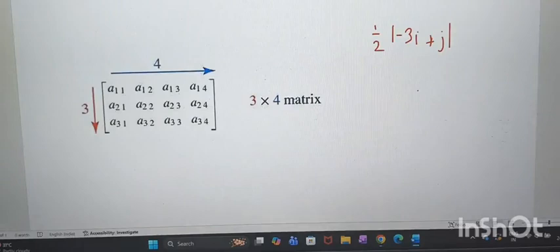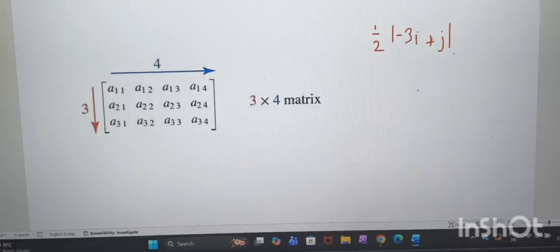There will be 3 rows and 4 columns. So you will name this as first row, first column, first row, second column, first row, third column, first row and fourth column. Similarly, second row, so it will be 2, 2, 2, 2, the first number. Then the second number will be 1, 2, 3, 4. Similarly, third row, so the first number will be 3, then first column, second column, third column, fourth column.